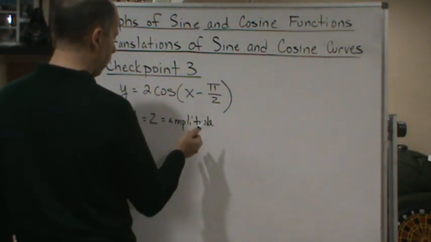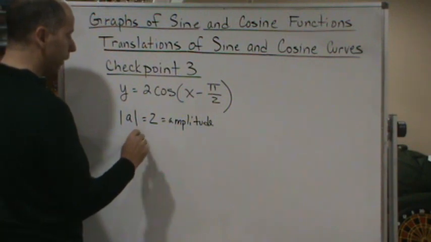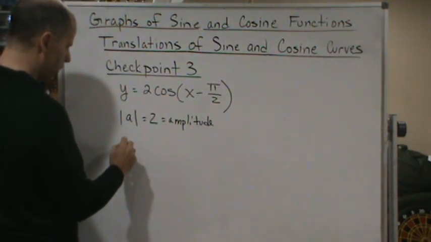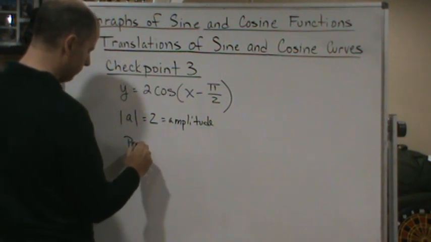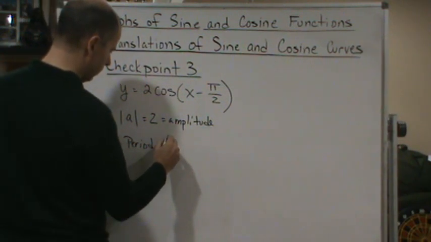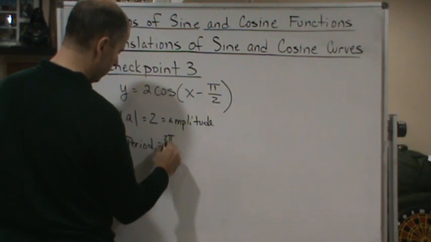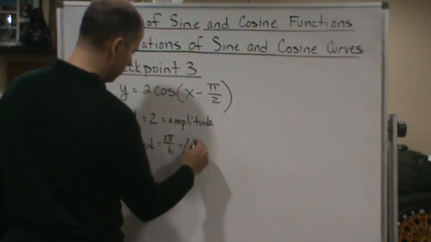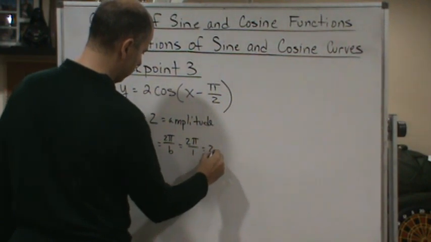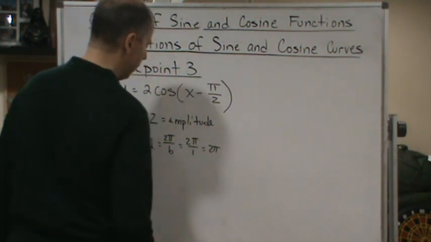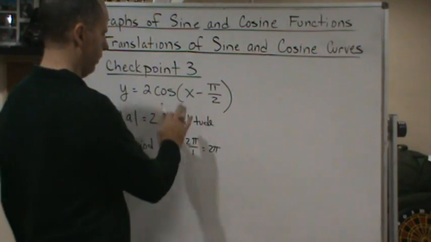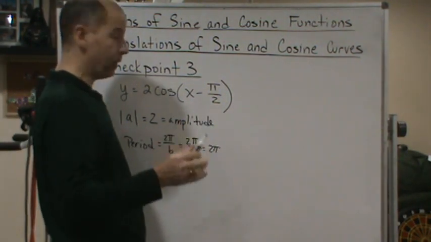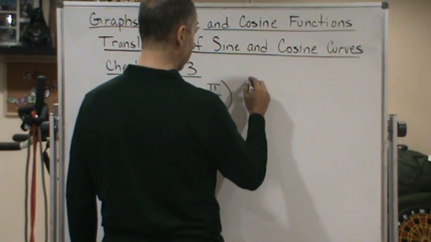Well, B is 1, so we know the period equals 2 pi over B, which is 2 pi over 1, which is 2 pi. And again, we know it's going to be shifted to the right, looking at this, but let's go through and figure it out.